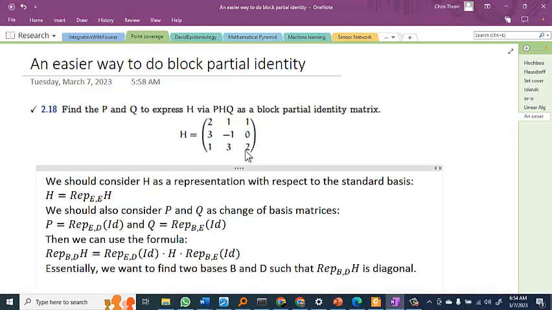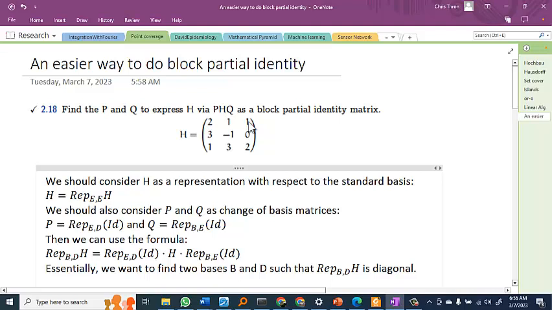But I have to make sure, hang on a second. Let me backtrack and say that again. If these columns were linearly independent, then I could simply choose these columns as my target basis D. But these columns are not independent, so they don't form a basis.